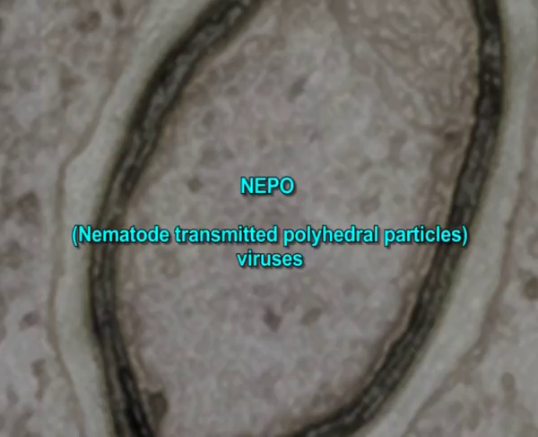Nepo, that is nematode transmitted polyhedral virus particles. The virus particles measure 25 to 30 nanometers in size and are polyhedral in shape. They are transmitted by species of Xiphinema, Longidorus and Paralongidorus. For example, grapevine fan leaf virus, tomato ring spot virus, that will be called TRSV.